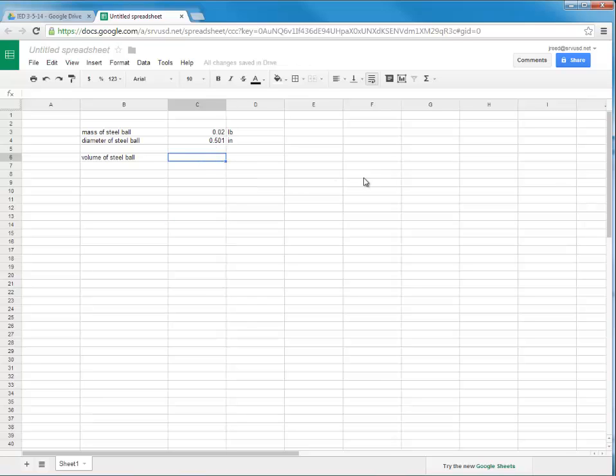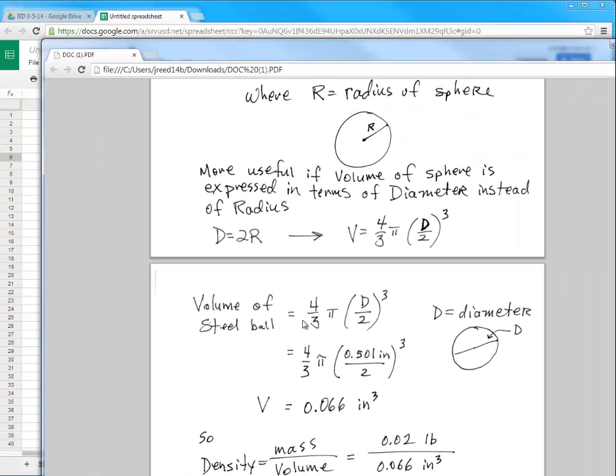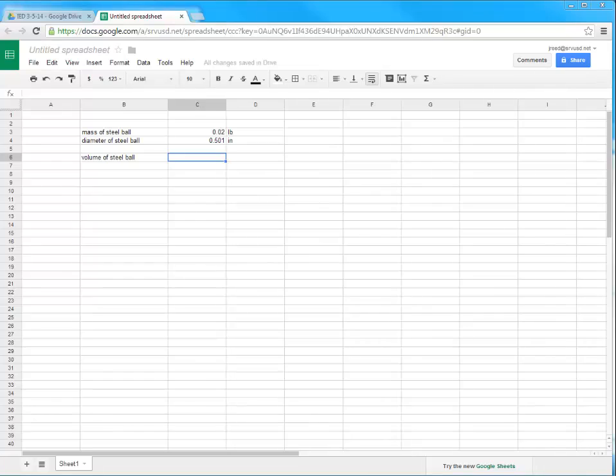So the volume of the steel ball was that big equation that was kind of unpleasant, 4/3 pi, diameter over 2 cubed. I don't want to calculate that every time I want to measure a new sphere. So I'm going to put an equation, a spreadsheet equation, into cell C6.